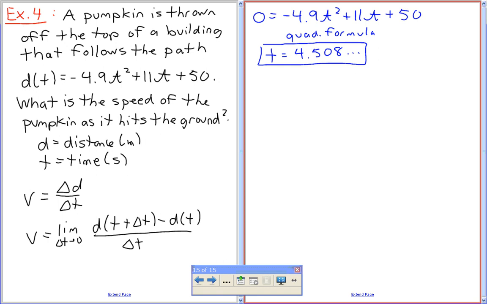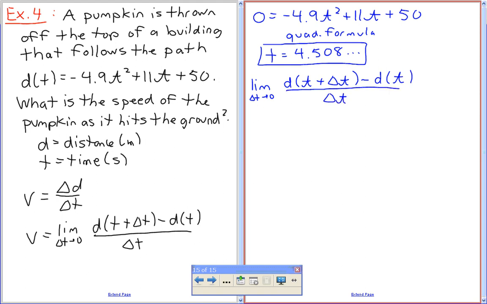The first part of it is going to be the limit as delta t approaches 0 of d of t plus delta t minus d of t, over delta t.